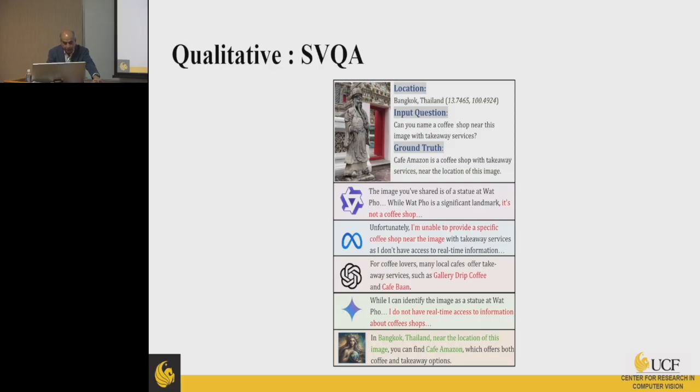The idea is that given this image, we want to ask the question: can you name a coffee shop in the area where this image was taken? We can go through these different models, and this model will actually give you the correct location, name, and so on. So this is the power of the visual language model.